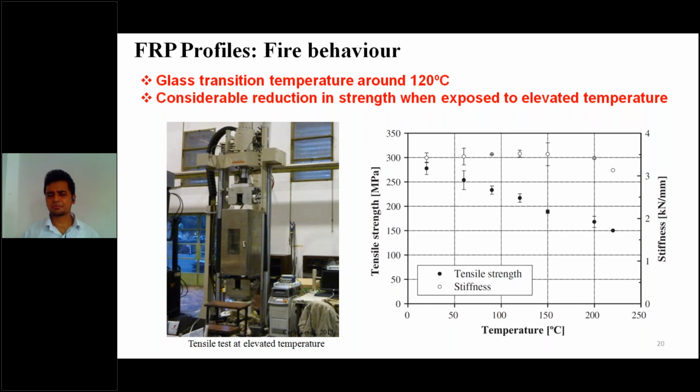The glass transition temperature is the point from where the solid or the glass starts to behave as melted or semi-solid. So when these GFRP profiles are exposed to elevated temperature, the strength reduces. We can see this from this figure.